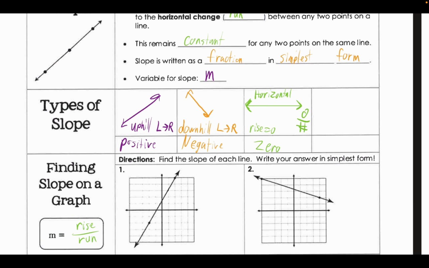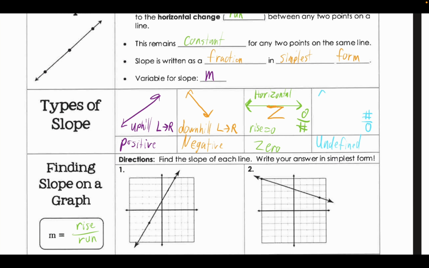Now, another little trick you can know to remember this is that you can make a z out of this line, and that z would stand for 0. And then our fourth and final thing that a fraction and slope could be is undefined. We get undefined fractions when we are taking any number and dividing by 0.